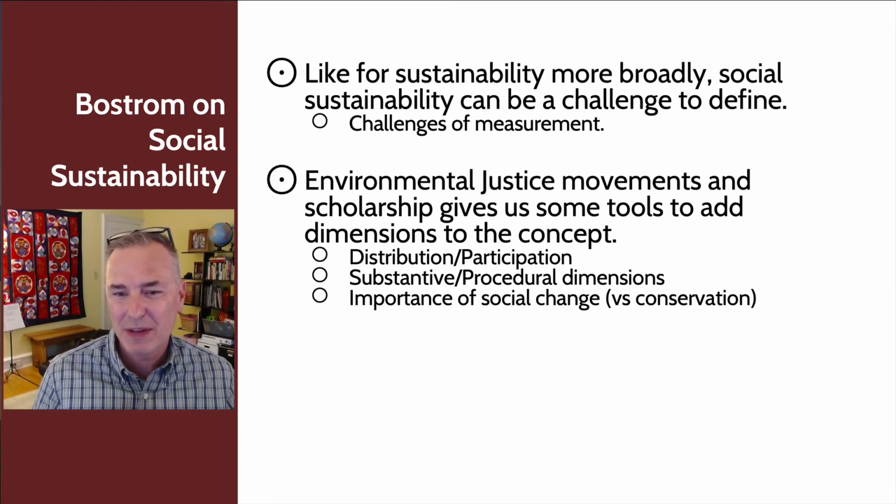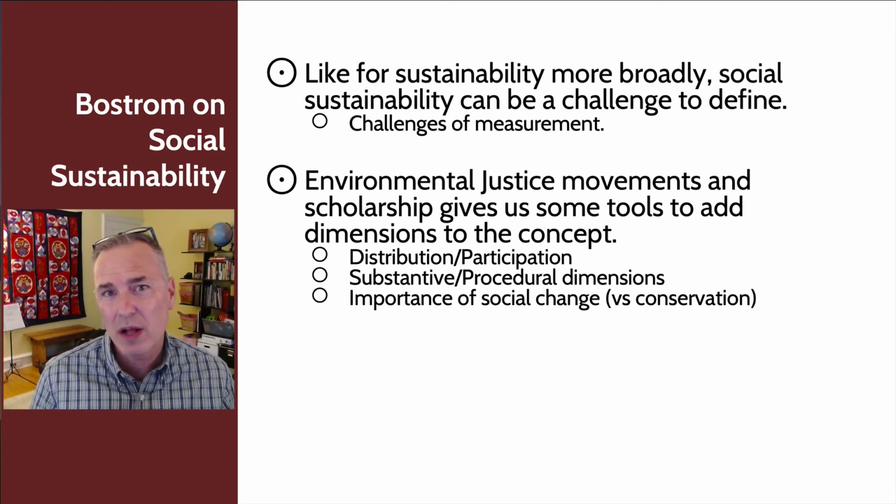The substantive and the procedural dimensions as well are important EJ concepts that help us see to what extent there are actual tangible things that we can point to, or how the processes work, that would help us understand the way that social dimensions are important for sustainability.